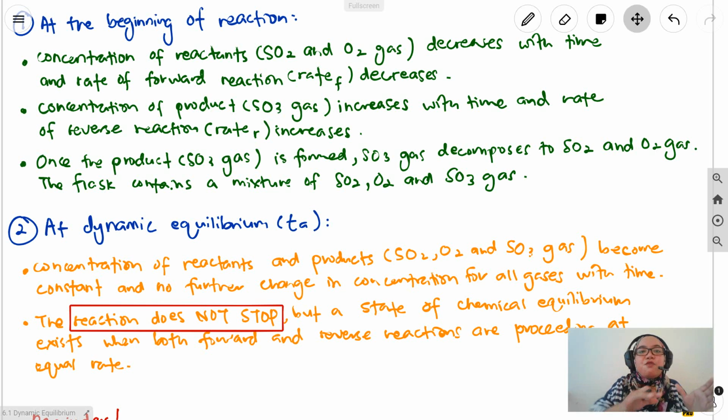Maksudnya, the rate of forward reaction is equal to the rate of reverse reaction. So when the forward reaction and the reverse reaction are proceeding at an equal rate, there is no change in the concentration for reactant and product. Okay, that's why we said that the system has achieved a dynamic equilibrium or equilibrium.